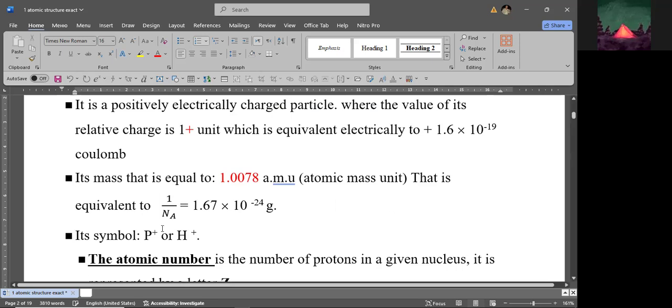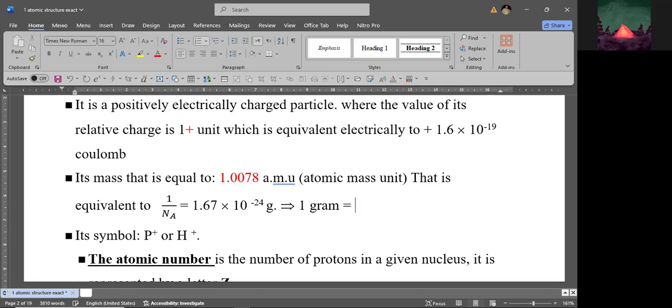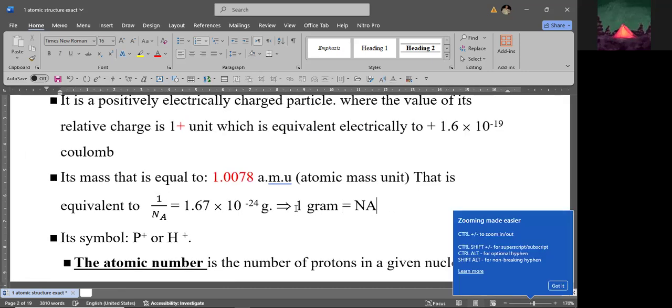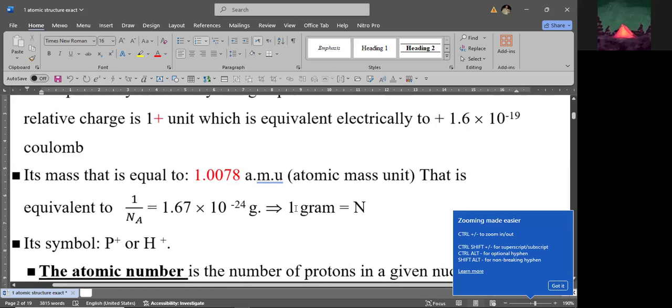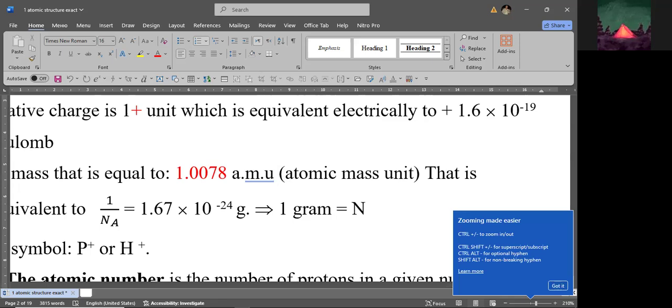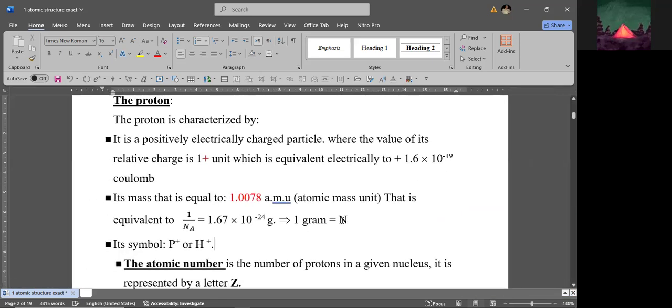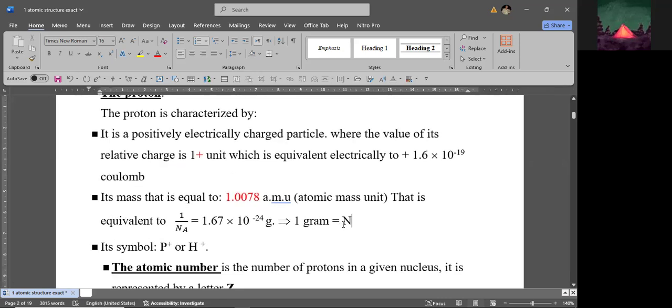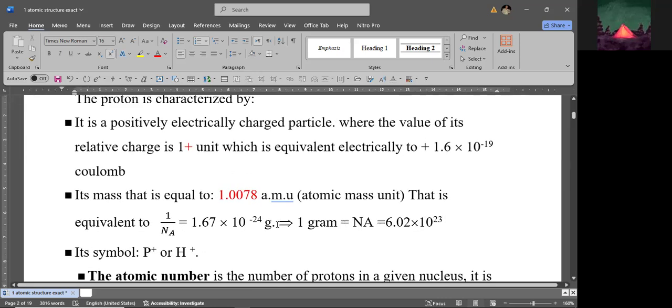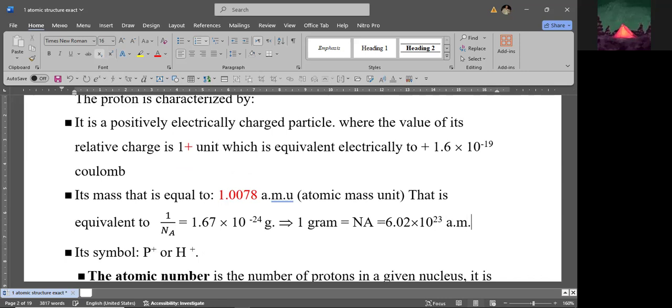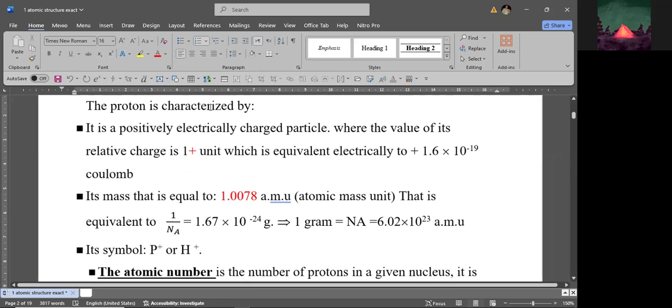We can say that 1 gram is equal to a certain thing called Avogadro's number, equal to 6.02 times 10 to the power 23 atomic mass unit.